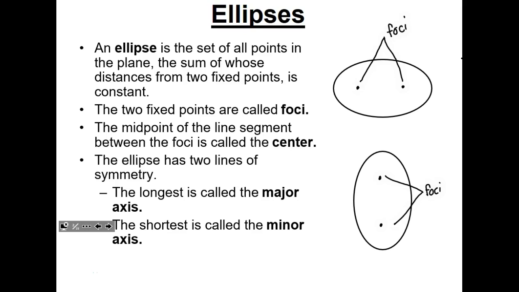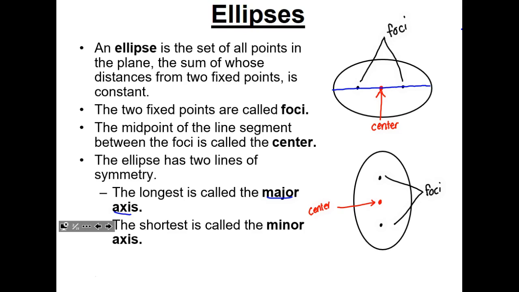The midpoint of the line segment between the foci is the center. This is where you would think it would be. So this point right here, that's the center for both of these. And the ellipse is going to have two lines of symmetry. The major axis is the longest line of symmetry.